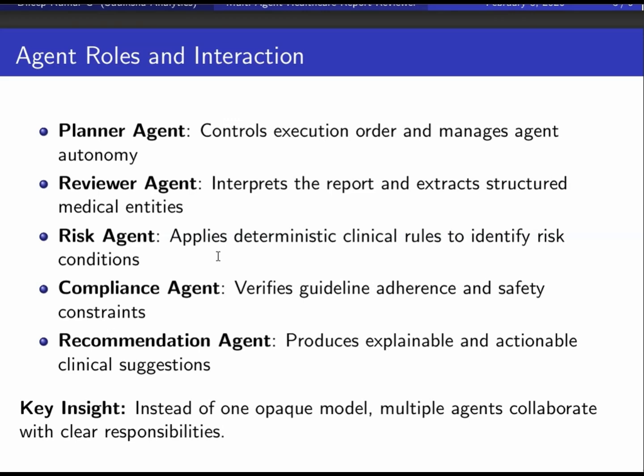Then the risk agent applies deterministic clinical rules to identify the risk conditions. Then I have a compliance agent which verifies the guidelines, where we can make use of an LLM. And then the recommendation agent produces the explanation and clinical actions to be taken.